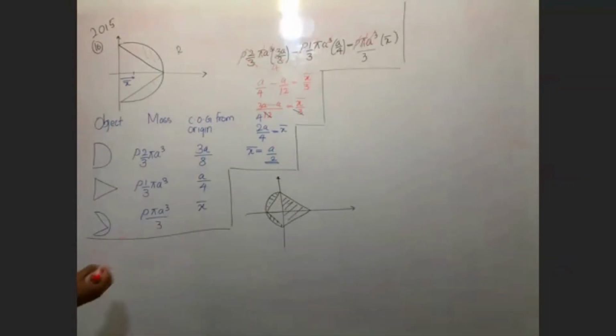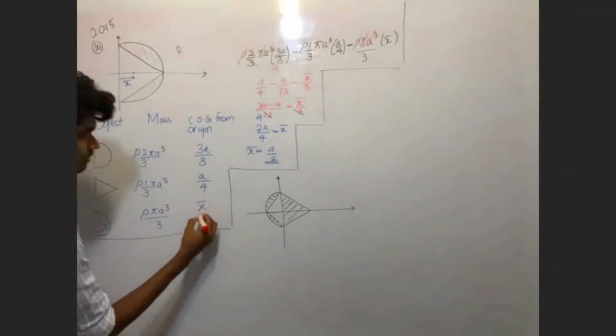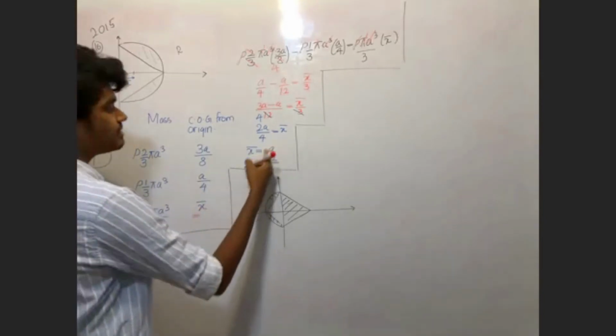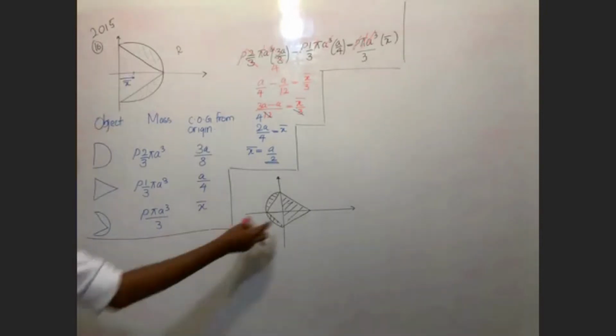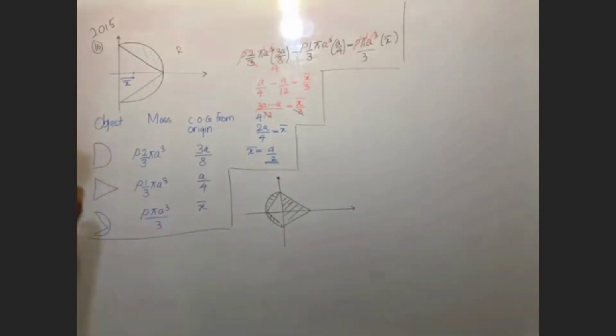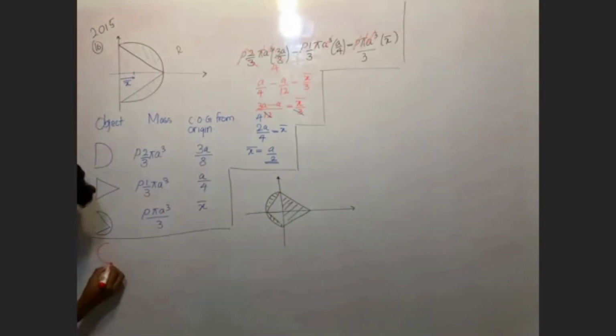So I'll continue from here. Now you know x bar. X bar is a over 2. But for the new system, I'll draw once again.